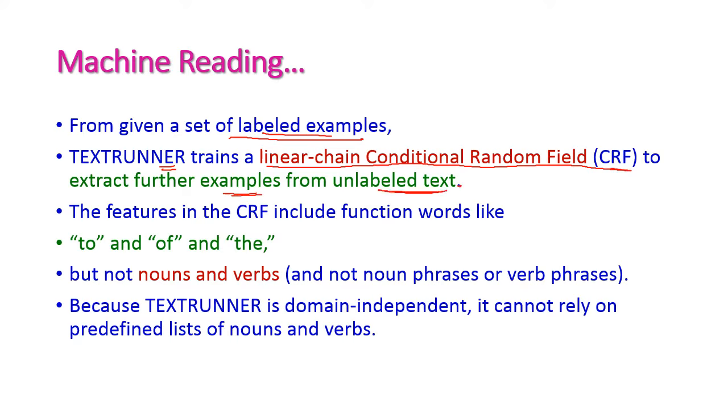The features in the CRF include words like to, of, the, and never include nouns and verbs, because TextRunner is domain independent, so it cannot rely on a predefined list of nouns and verbs.